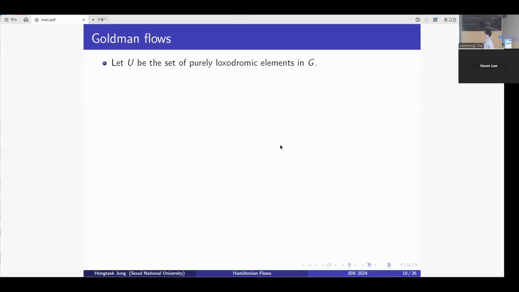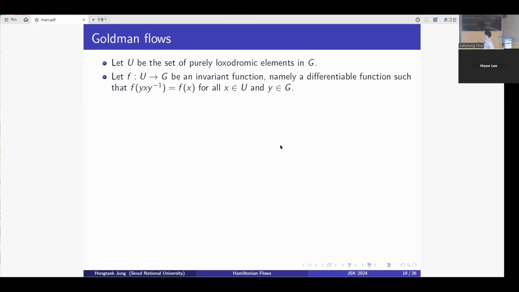Let U be the set of all purely loxodromic elements in G. We say that a differentiable function f defined on U is an invariant function if it is differentiable and invariant under conjugation.